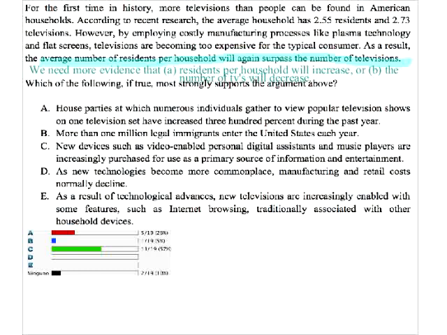Choice A: house parties at which numerous individuals gather have increased a lot during the past year. The problem with A is that it doesn't give you any reason to suspect that people are buying fewer televisions.